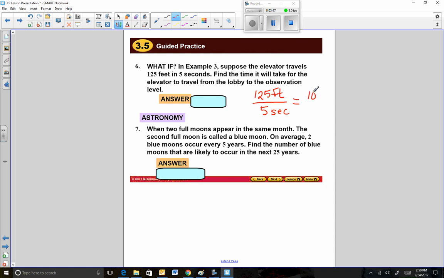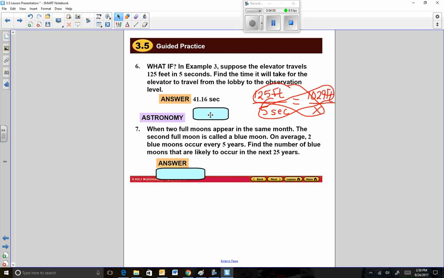So we have 1,029 feet still. We just changed the rate that it was going, and x. So if you cross multiply, equals 5 times 1,029, when you work that out, you will find that it took 41.16 seconds. And that just makes sense because you went at a slower pace.